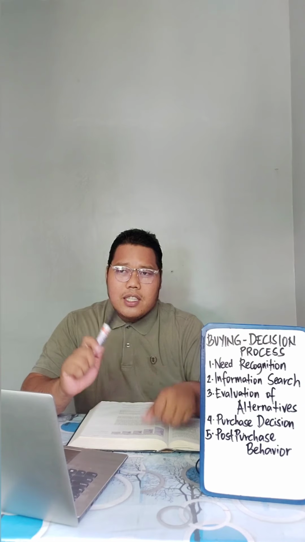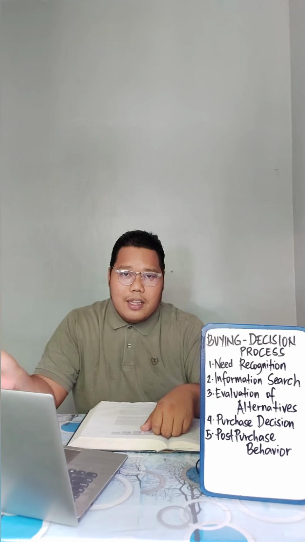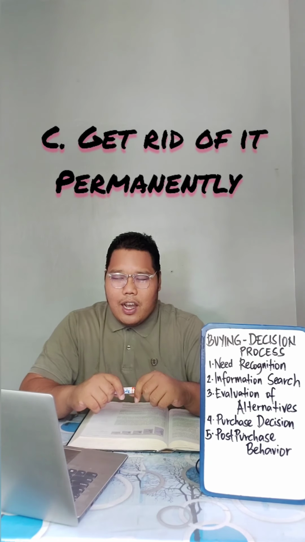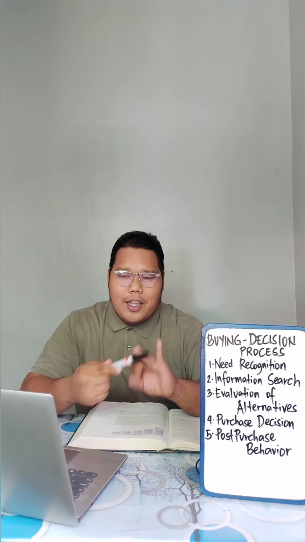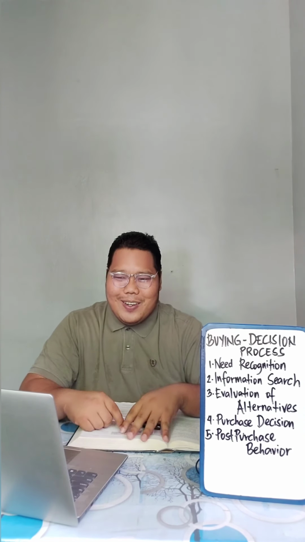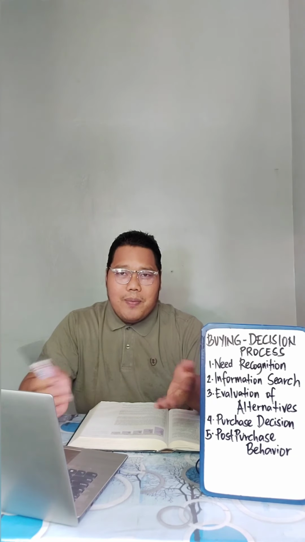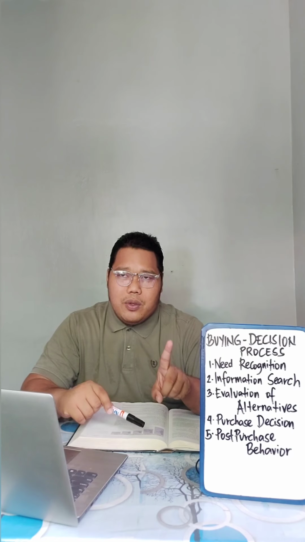And the third one is get rid of that product permanently. Now it is permanent. Either you want to give it away, trade it for another product, sell it, or throw it away. For example, you have a cell phone. You may want to give it away to be reused.